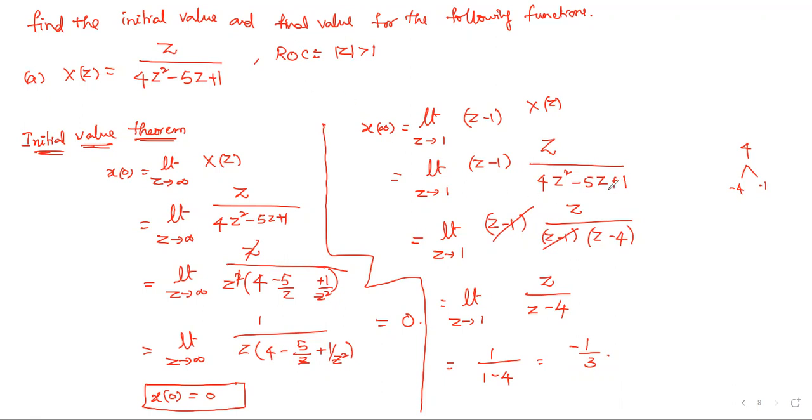So x of infinity is minus 1 by 3. Next one, we will see now.